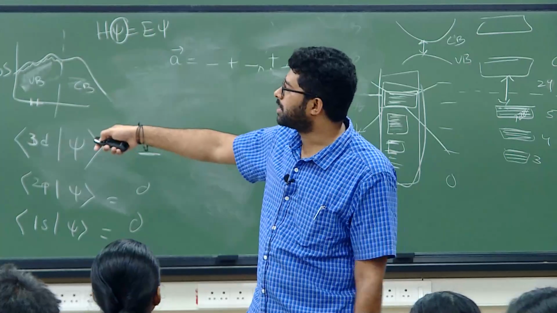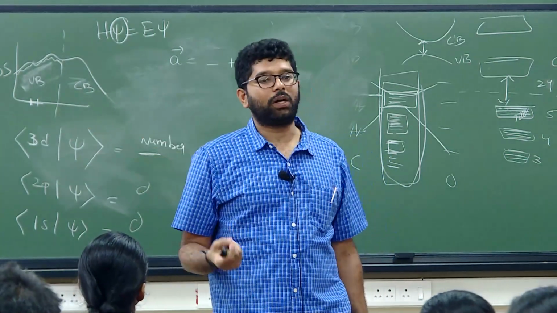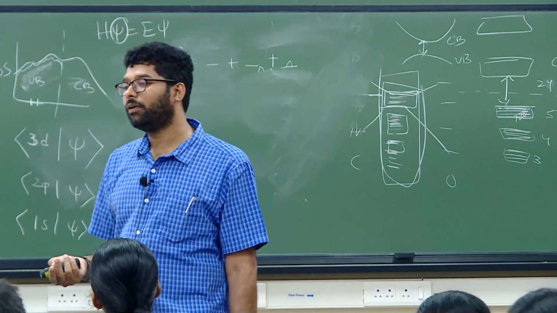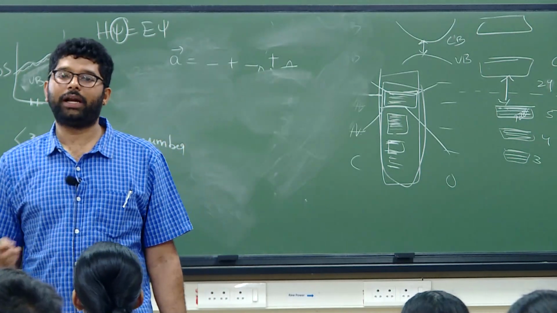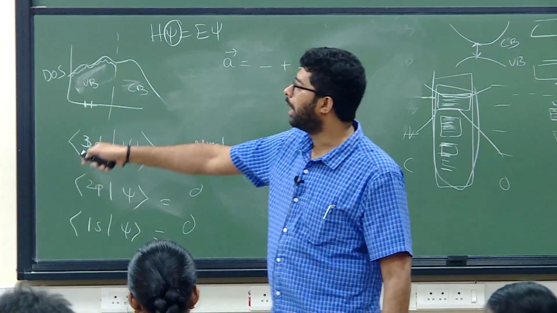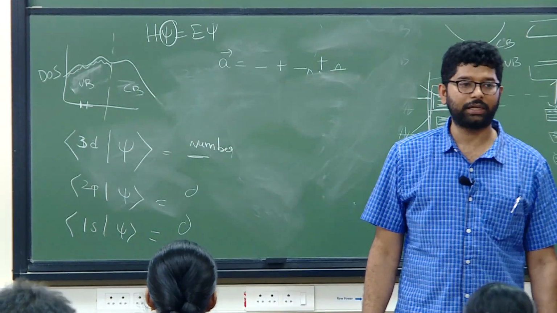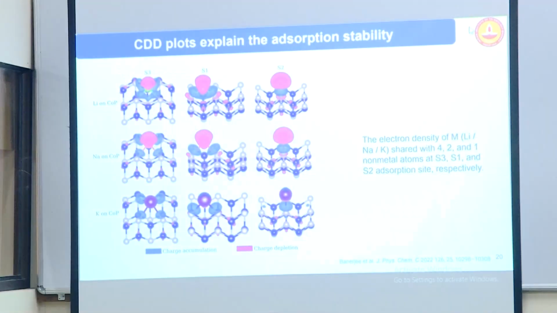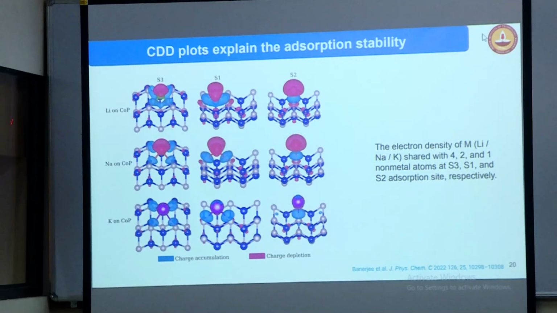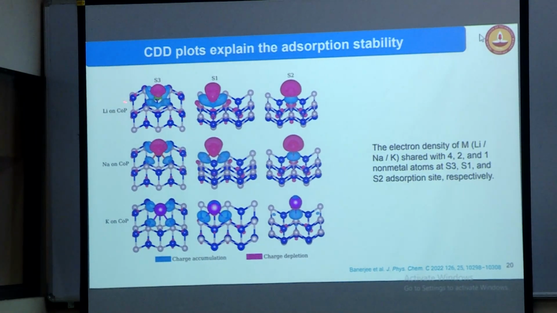So this S3 greater than S1 greater than S2 is what we observed. You have several sites. For each site, you have different adsorption, and I am just ordering them. Which site is the most stable one is what I am finding. I found that S3 is the most stable site. Then immediately the question comes, why is S3 the most stable site? For that we calculated what are called the charge density difference plots, and from here what you can easily see is this is S3, this is S1 and S2.